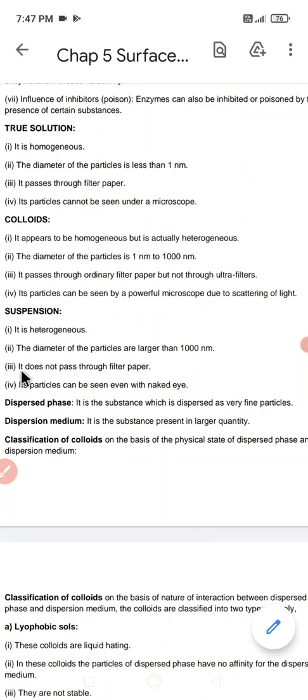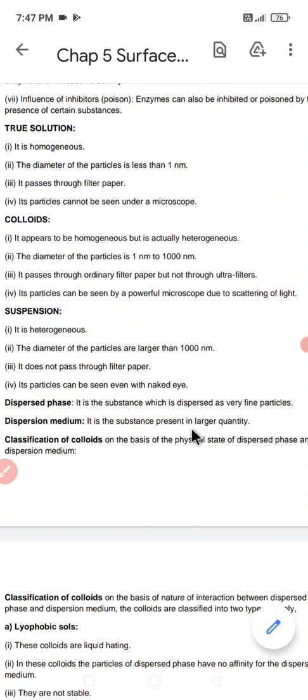Now in a colloidal solution, instead of the solute we call it the dispersed phase. It is the substance which is dispersed as fine particles. The particles which can be seen by an ultra microscope or a powerful microscope are called the dispersed phase. Or I can say the dispersed phase is equal to the solute present in a normal solution. Then we have the dispersion medium. What is the dispersion medium?